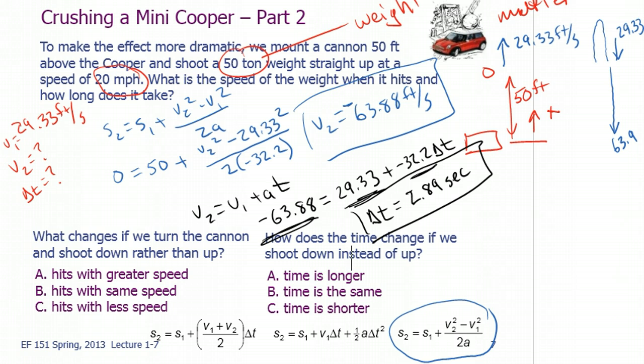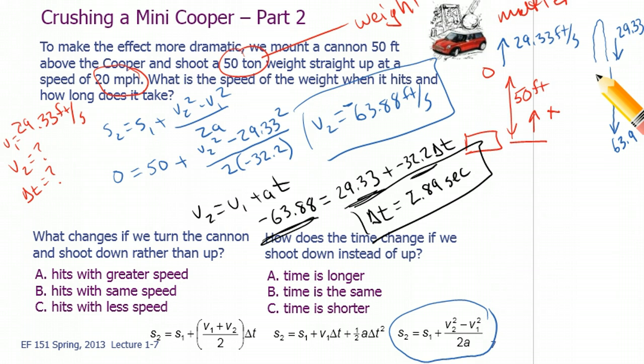Okay, let's look at these questions really quickly. What changes if we turn the cannon and shoot down rather than up? Let's think about this picture over here in the top right. Now we're going to shoot down rather than up. Do you think it's going to hit with a greater speed, the same speed, or less speed?